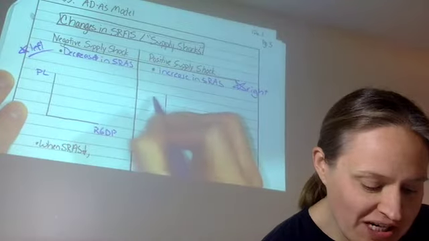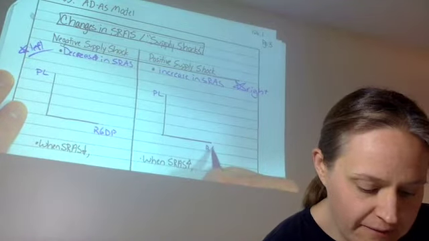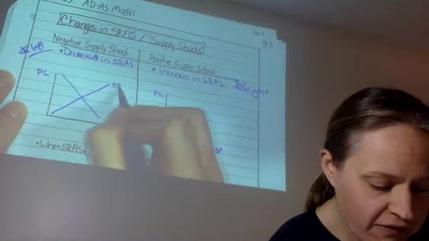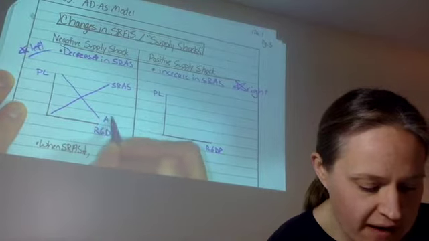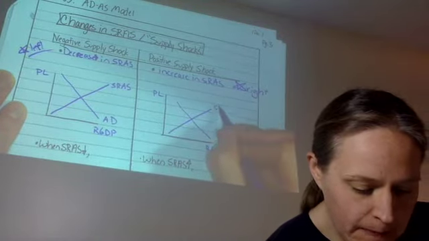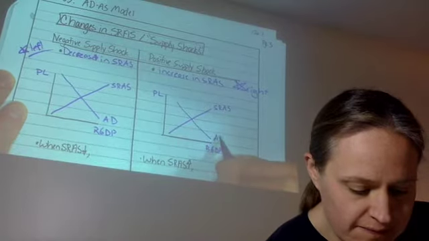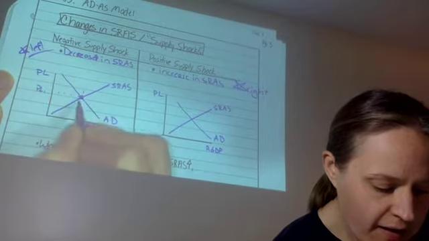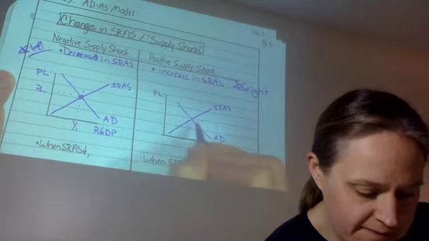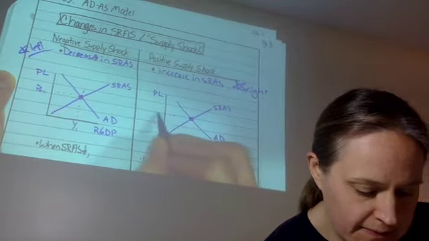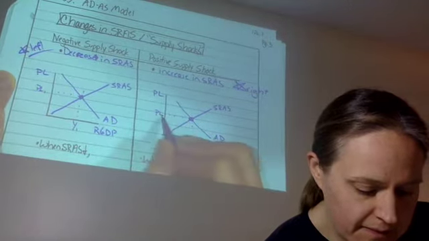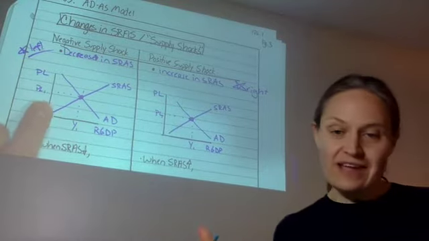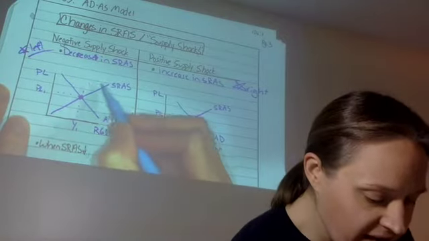Price level and real GDP for our axes. We can always start by drawing in our first short-run aggregate supply curve and aggregate demand curve. And then that will give us our first equilibrium point, our first price level, and our first point of real GDP. So over on the left, we are doing a decrease in short-run aggregate supply, which is a leftward shift.